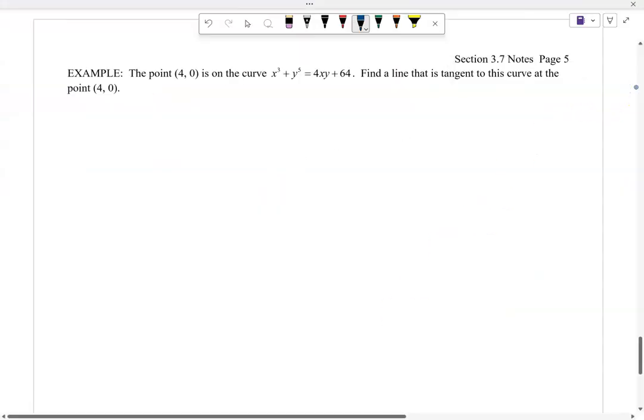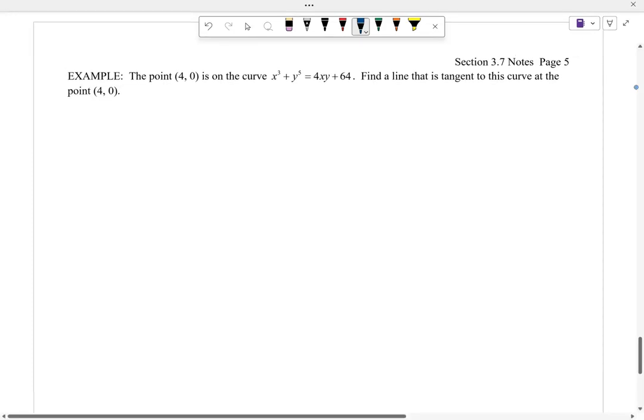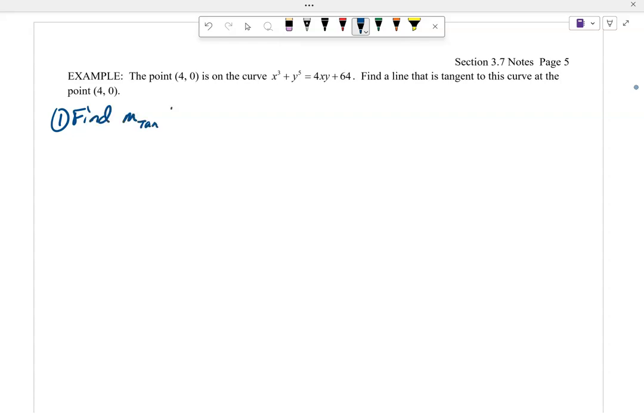And we know the derivative is the slope of the tangent line, right? So we're going to have to find this derivative. So find the slope of the tangent by finding dy/dx. All right, we've got to find dy/dx. So let's take this derivative.